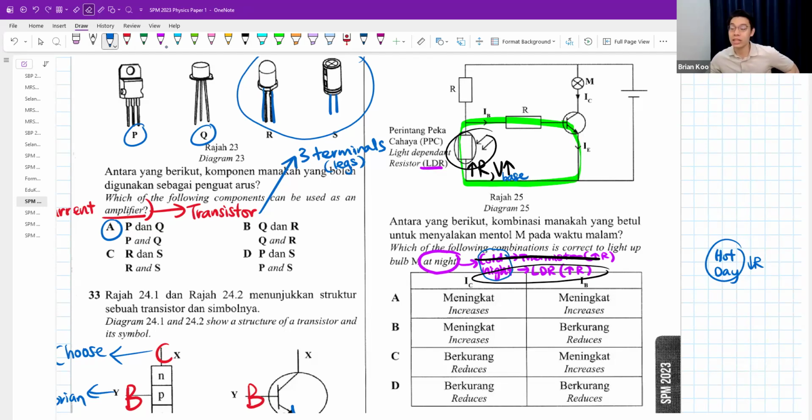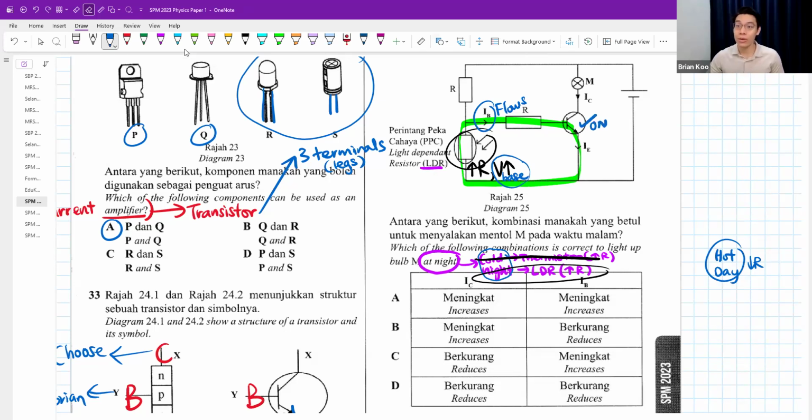Whenever the base voltage increases, this is the simplest knowledge you must know for a transistor automatic switch circuit, that your goal is to always have the base voltage higher or increase so that base current flows. Whenever base current flows, the transistor will turn on, will activate.